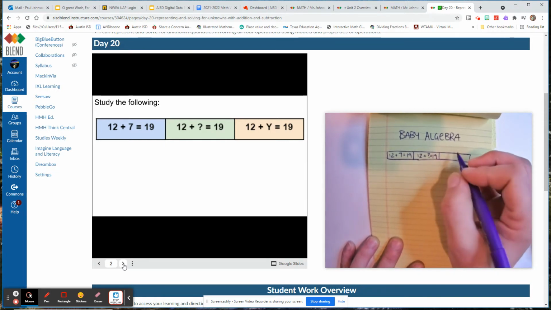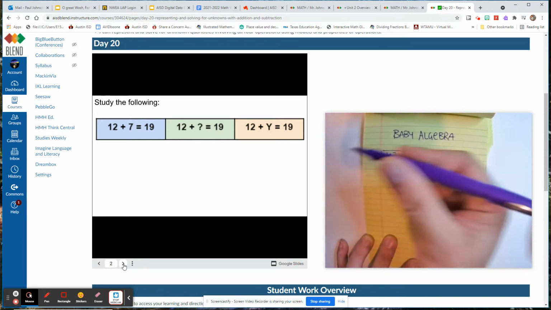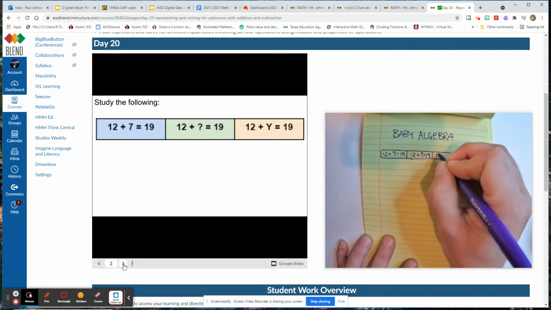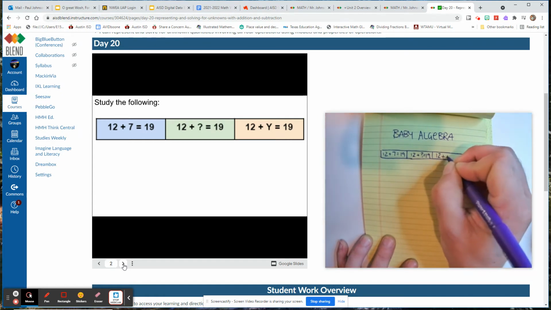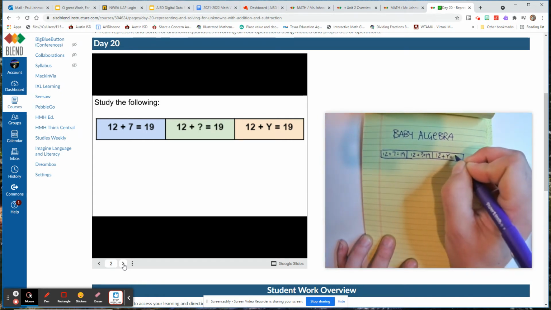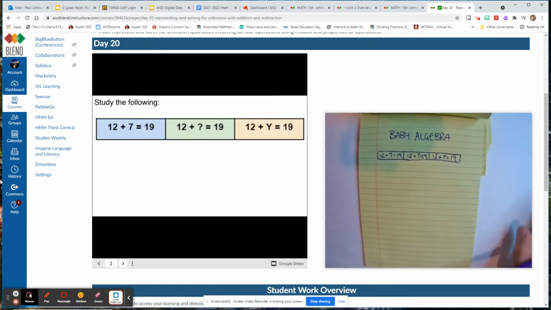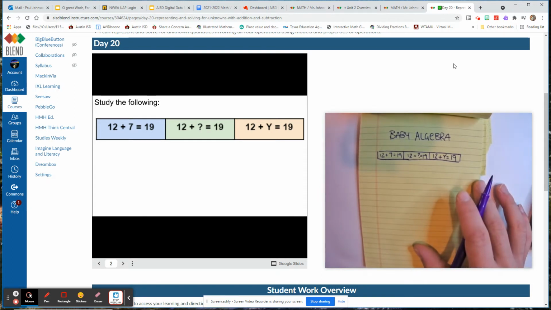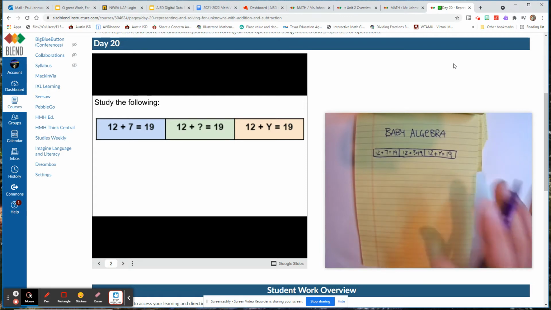As you can see on the left, I'm just rewriting what's there. You're seeing 3 versions of the same problem. The first one says 12 plus 7 equals 19. The second one says 12 plus question mark equals 19. And the third one says 12 plus y equals 19.